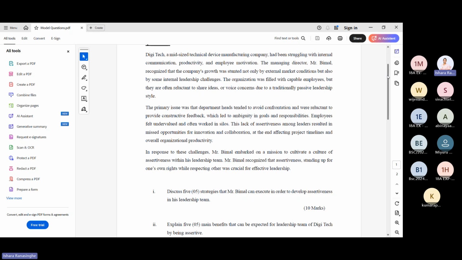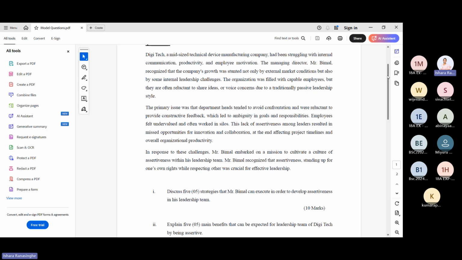So if we consider the first question, what is it asking you all to discuss, right? 5 strategies that Mr. Bimal can execute in order to develop assertiveness in his leadership team. So what you need to focus on is, this is a 10 marks question, right? Usually, this is the pattern that I am giving marks.